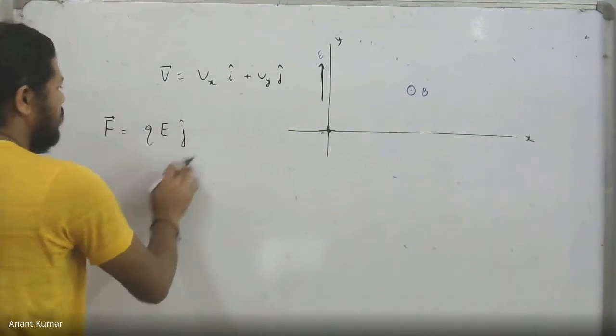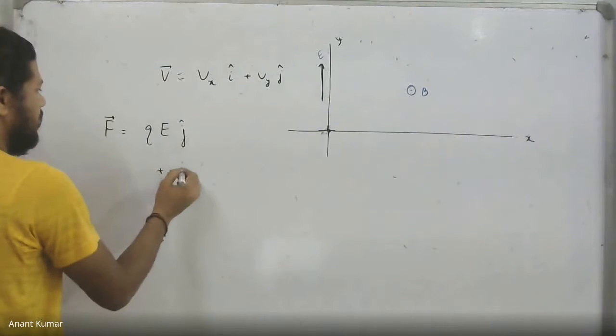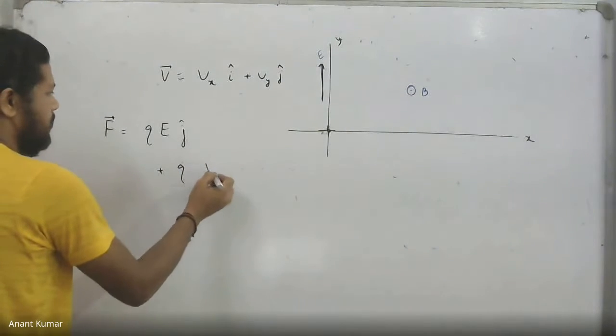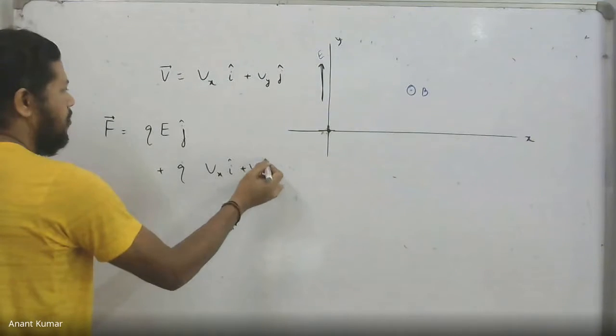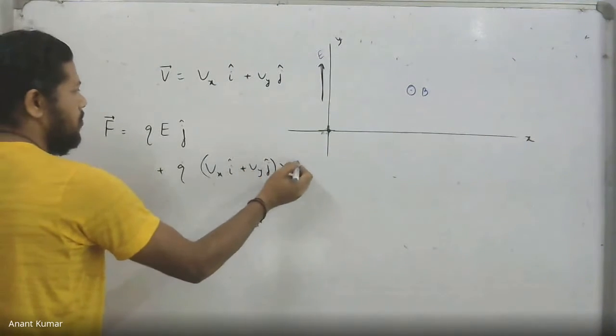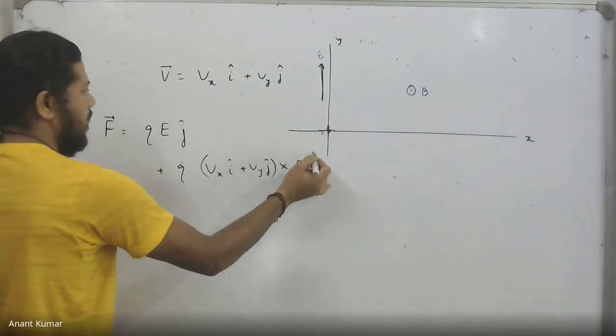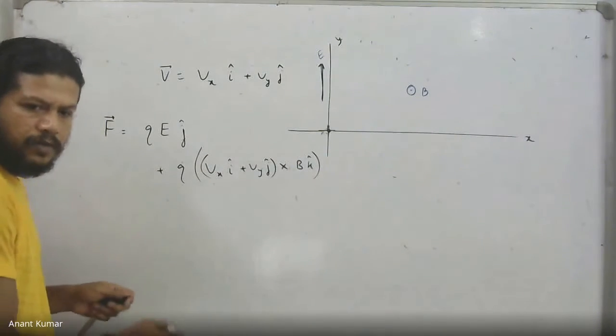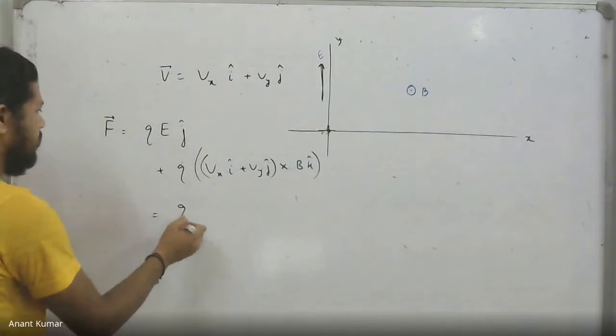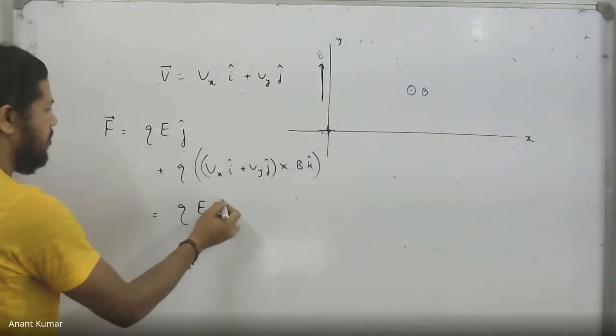Then the magnetic force, which is going to be q into v cross B, which is (vx i cap plus vy j cap) cross B along k cap. If we cross them up, we get qE along j cap.